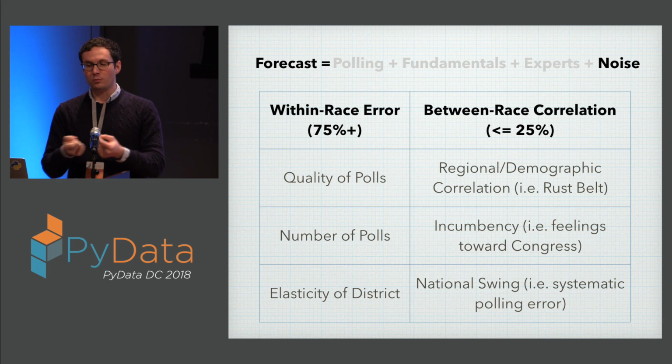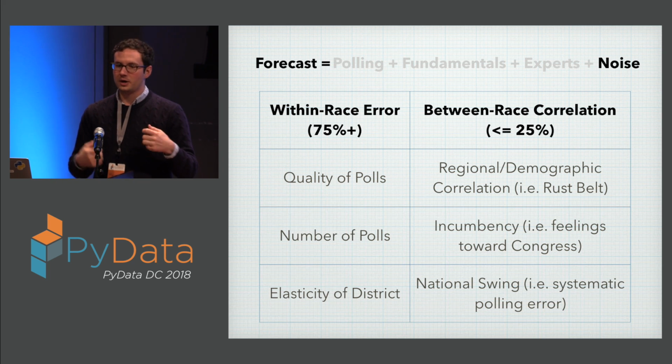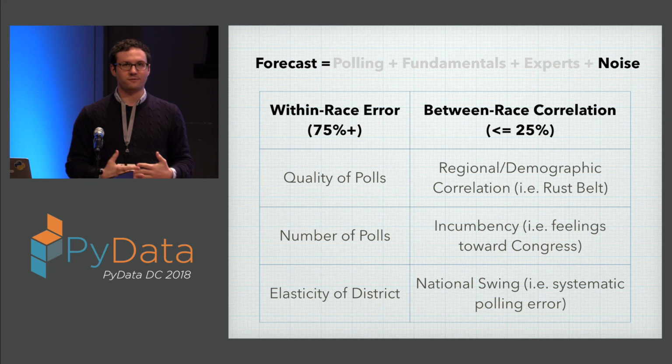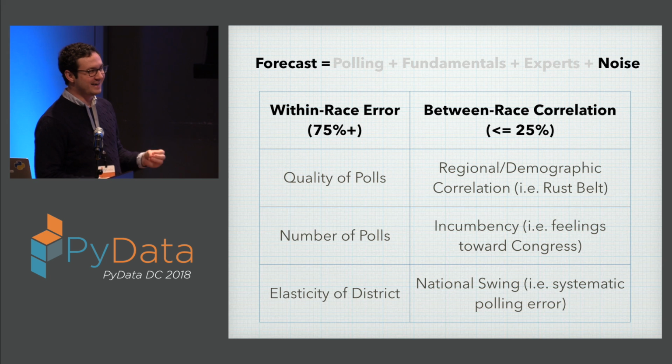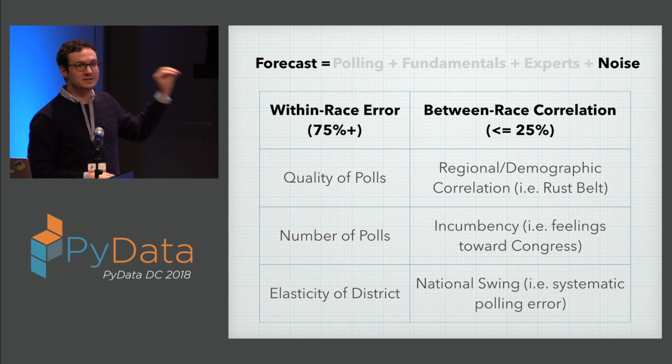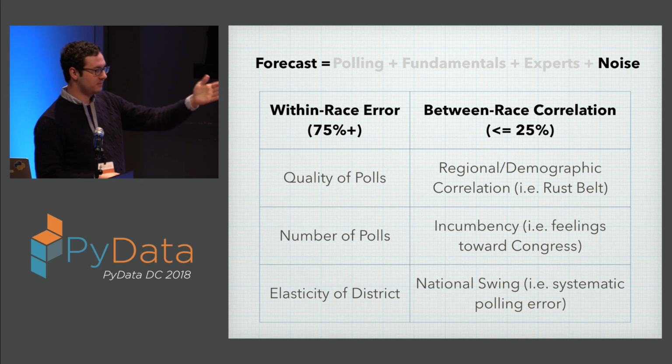And so that within race error is going to be in part a function of the number of polls and the number of pollsters who are contributing information to this forecast. The last component here, and I'll defer to Joseph to define elasticity because he really loves talking about elasticity, is the elasticity of the district or of the region that is being considered for the election.